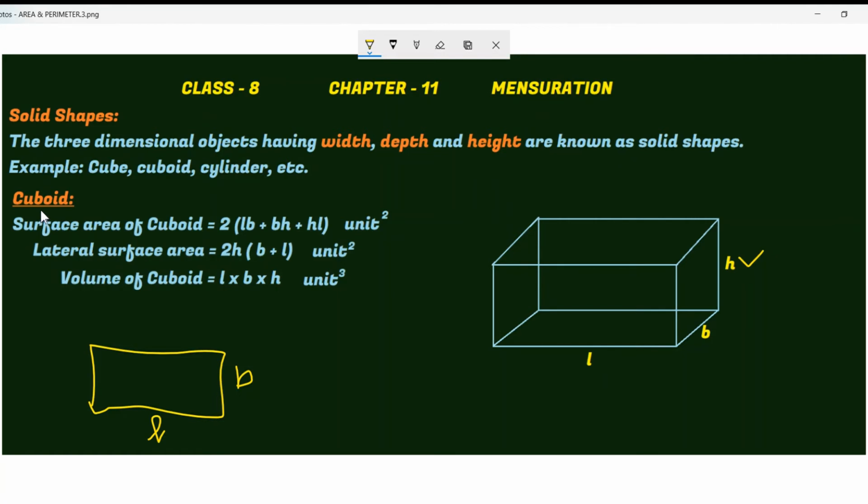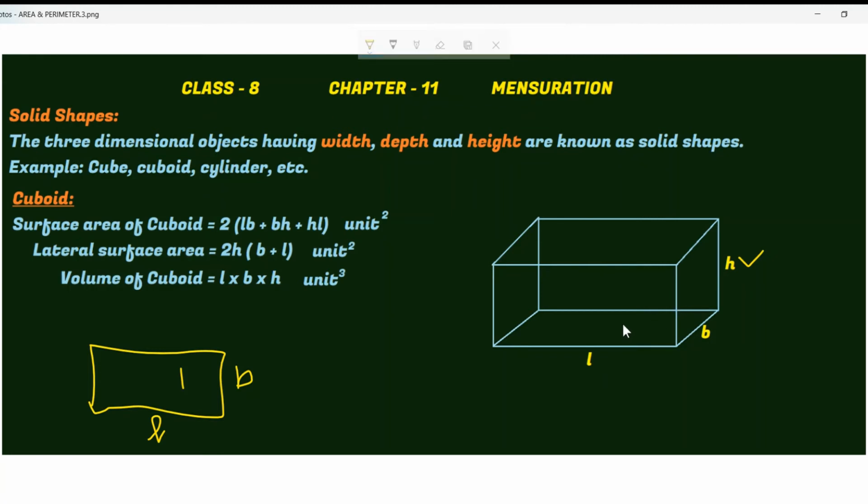See, first one is cuboid. The surface area of a cuboid is 2 into LB plus BH plus HL. Let's discuss how this formula came. You can see in a two-dimensional figure only one face is there, but in a three-dimensional figure there will be 6 faces. Let's count.